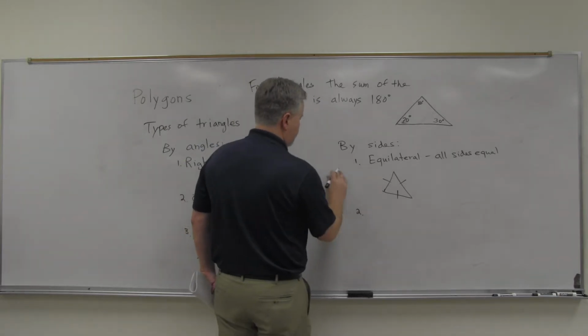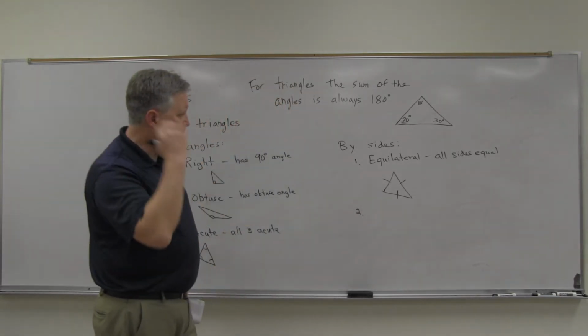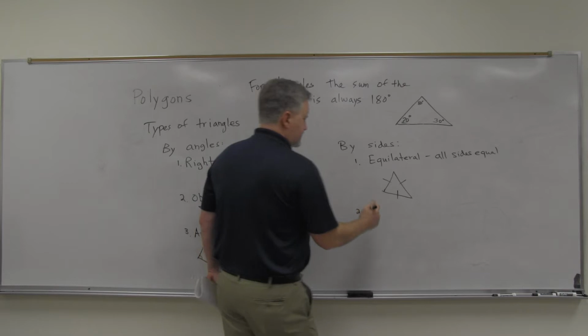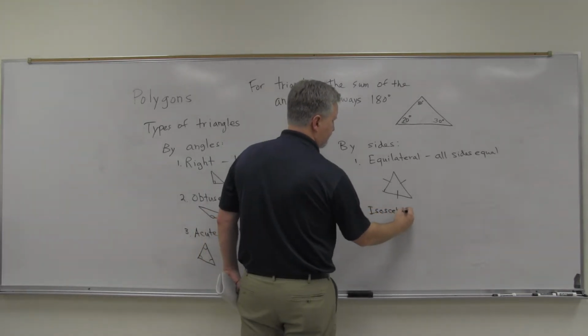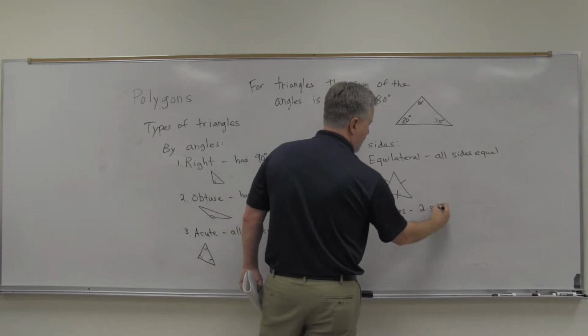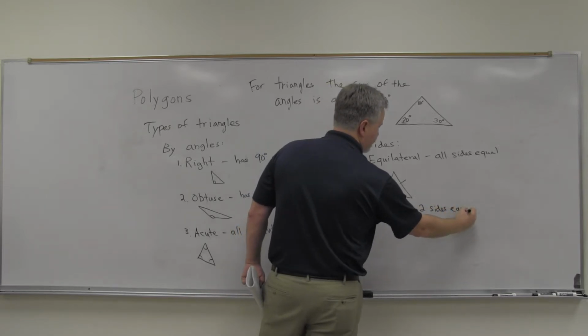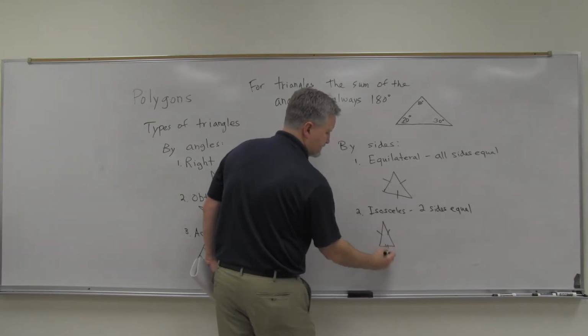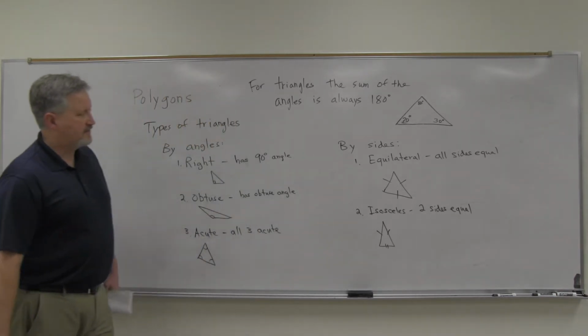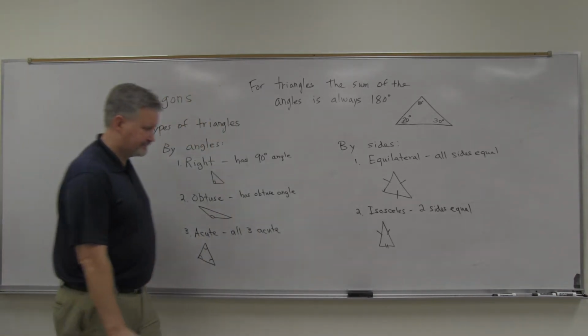All right, then number two, if you've got two sides equal, that's the isosceles. Good example of that one. You got these two sides the same, then of course this side is a different length there, so that's isosceles.